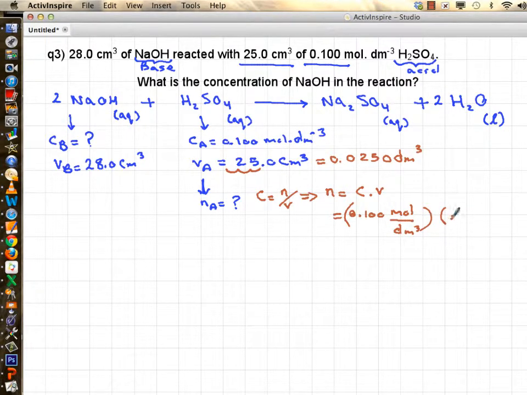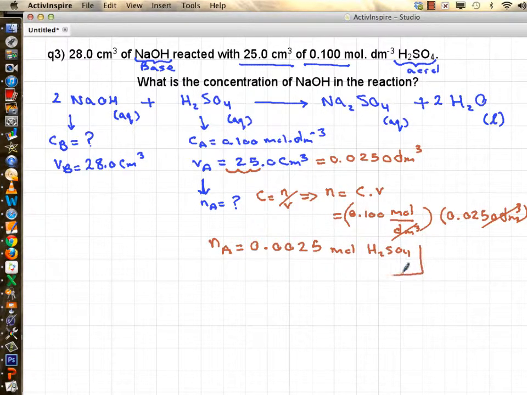So it's 0.0250 decimeter cube. They cancel each other out, so we'll have moles of acid being equal to 0.0025 moles of sulfuric acid, H2SO4. So this is our first step.